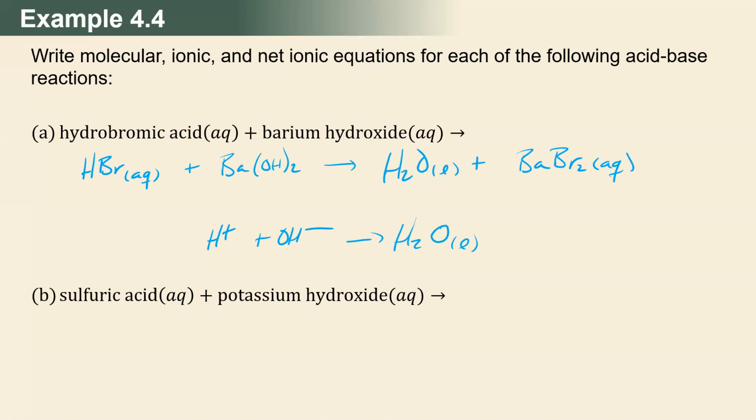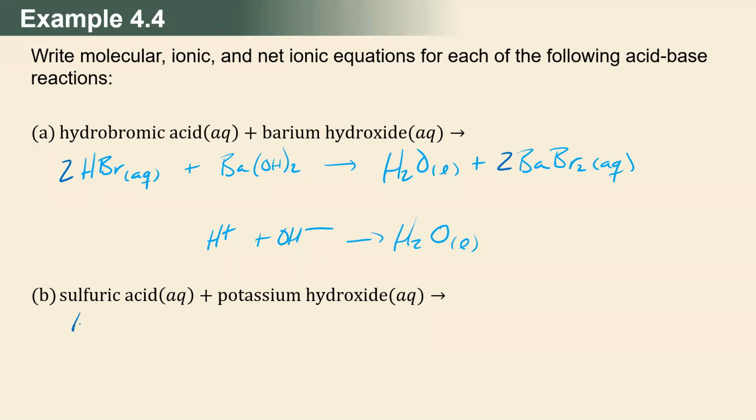Sulfuric acid, one of our strong acids. Potassium hydroxide, one of our strong bases. This one has a wrench in the works though, because, well, let me go back up here. We need to balance. We need 2 here and 2 there.